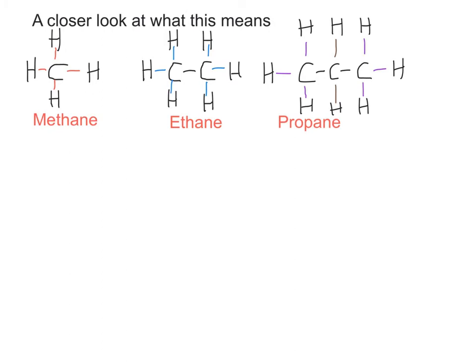So looking at the three molecules, you'll see that I've chosen a slightly different colour for each slightly different environment. And what I'm going to do underneath the methane, ethane and propane labels is, for each colour, I'll tell you what the bond enthalpy for that particular carbon-hydrogen bond is, because it's in a slightly different environment.